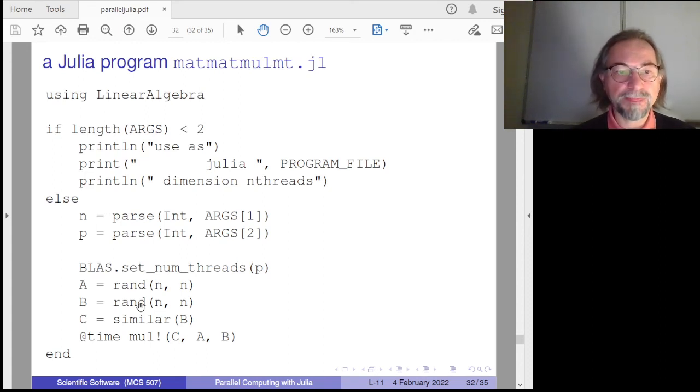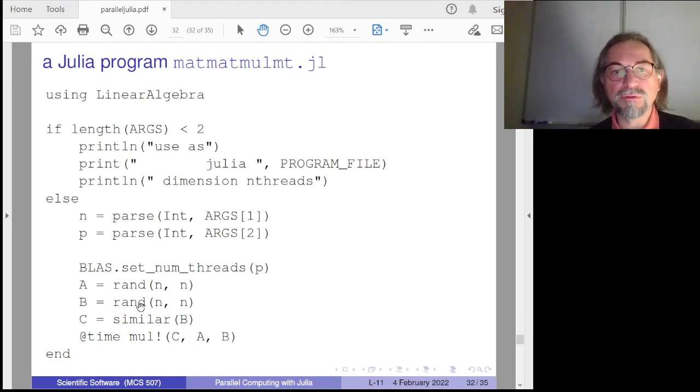So we are generating random matrices. The dimension can be provided on the input, or actually should be provided. So here you see the capturing of the arguments. So args is predefined.